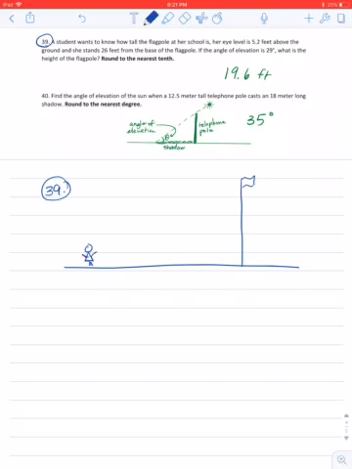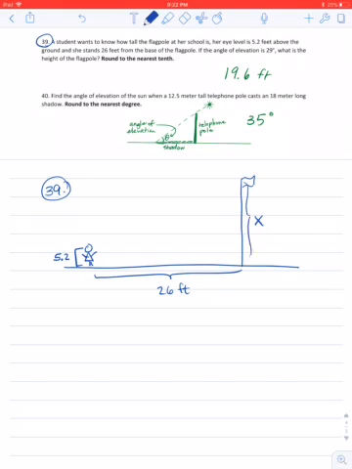Her eye level is 5.2 feet, so from here to here is 5.2 feet from the ground. She's standing 26 feet from the base of the flagpole, and she wants to know how tall the flagpole is. So that's this right here. I want to know the height of the flagpole.